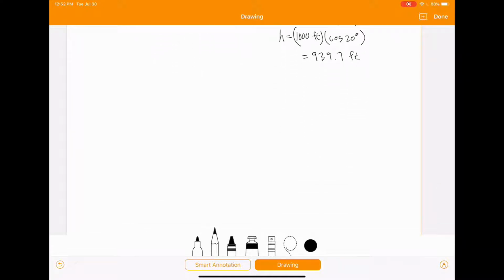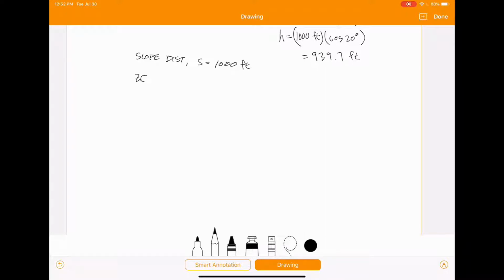Now, if you're given a zenith angle instead of a slope angle, you're going to end up with something like this. So again, we'll have our slope distance, which is abbreviated as S, equal to 1,000 feet.